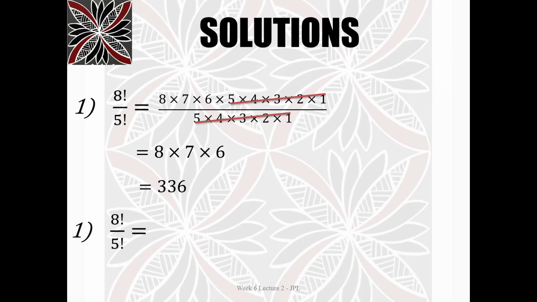But there's a shortcut where you expand only the factorial that is greater. Only 8 factorial is bigger than 5, so you only expand the bigger factorial until you reach the smaller factorial. If you expand 8 factorial, you stop at 5 factorial and put the factorial, and then you can simplify the two, giving you the same answer of 336.